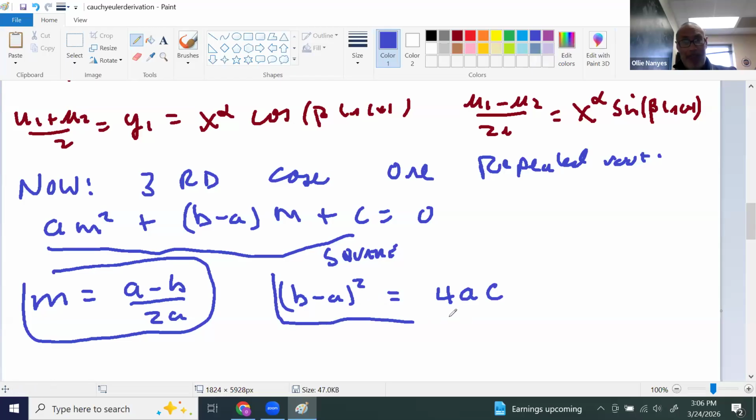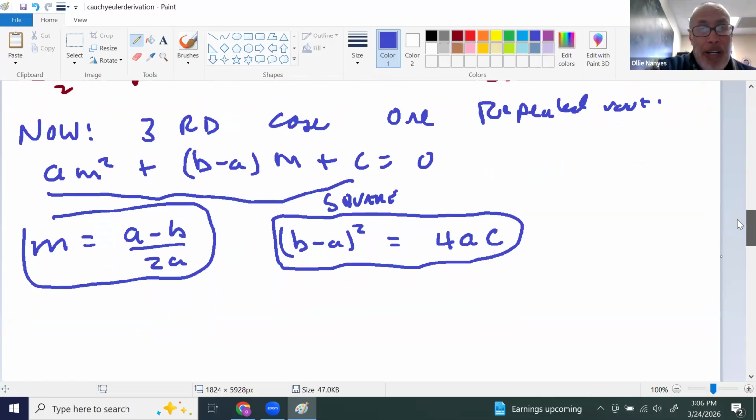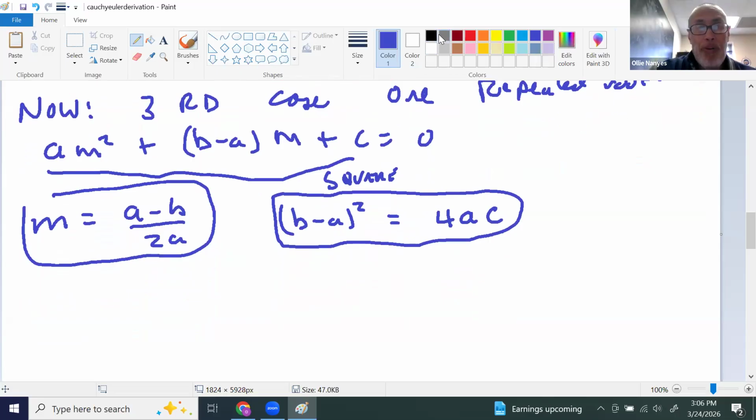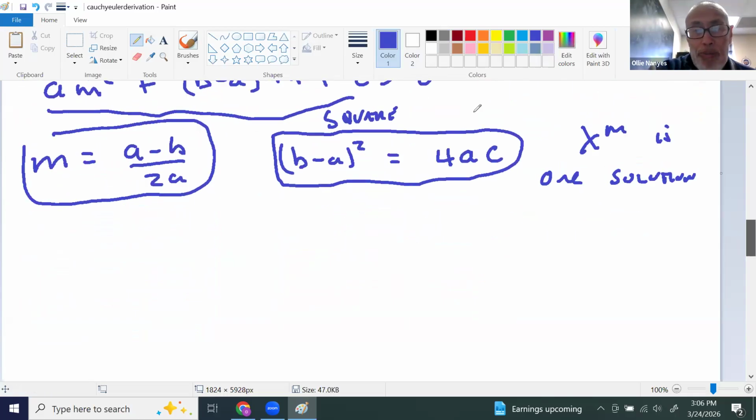So we now have this condition here. And we know that x to the m is one solution. So what do we do?